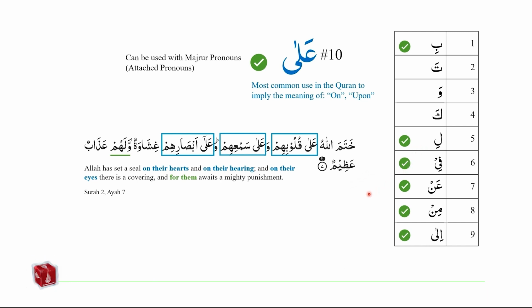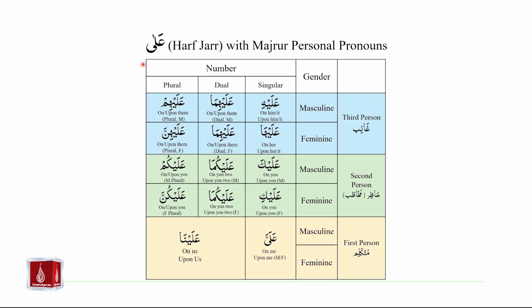Let us study the use of ala with attached pronouns. Let us look at the use of ala with majroor personal pronouns. Alayhi, on him, on it, or upon him, or upon it.